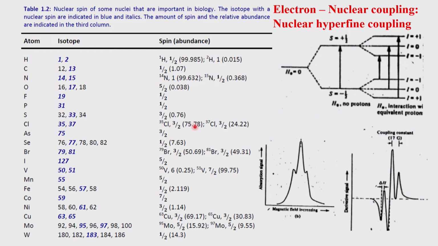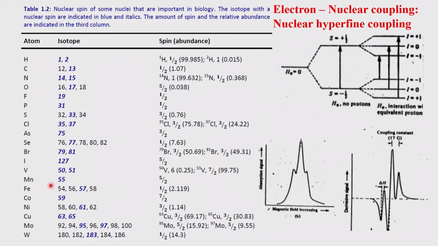Again, just like chlorine, together they are 100%, so for bromine you can take the nuclear hyperfine coupling values. You should take iodine again, yes, 5/2. So you have to take the corresponding nuclear spin and apply it. So how many such nuclei are there? You will understand this more as we keep going.